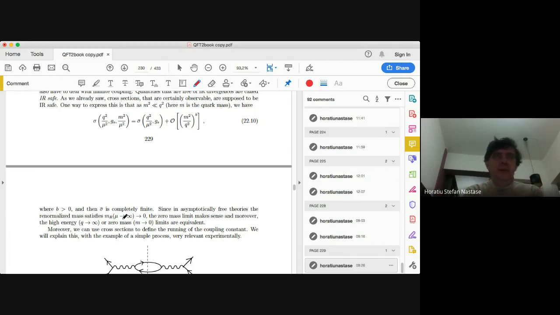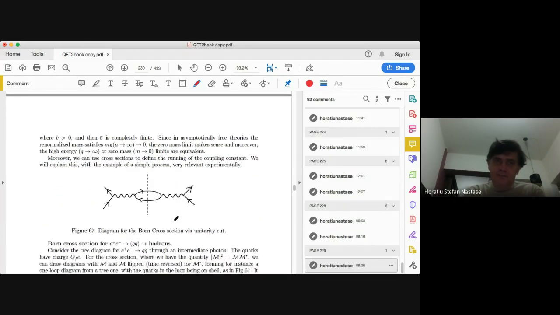So remember, we can choose the arbitrary mass mu to be equal to q, the total momentum of the process, and then from this we also see that the high energy limit, meaning q going to infinity, and the zero mass limit, meaning m going to 0, are also equivalent.